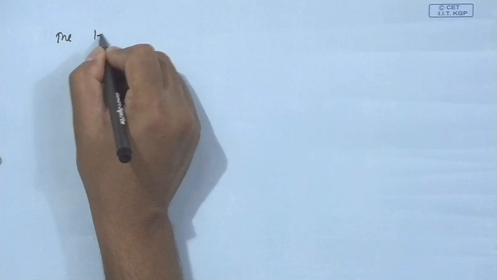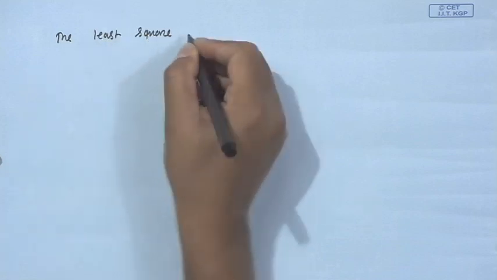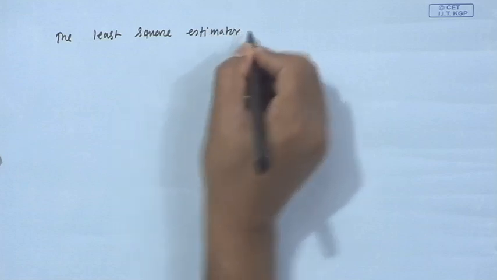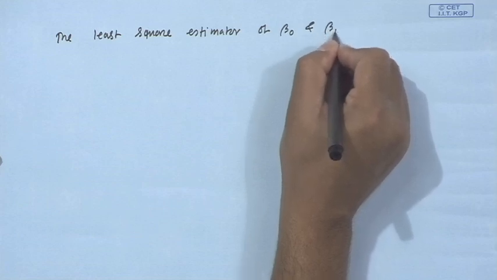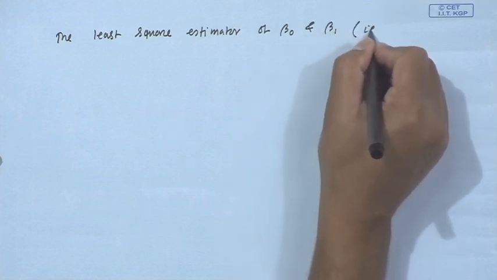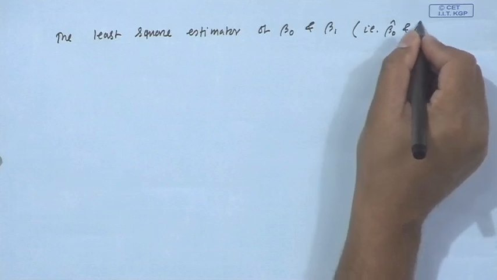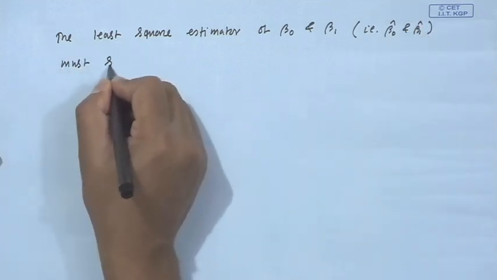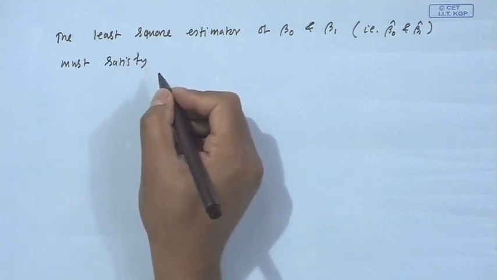So, the least square estimators of beta naught and beta 1, that is beta naught hat and beta 1 hat, must satisfy the following two equations.